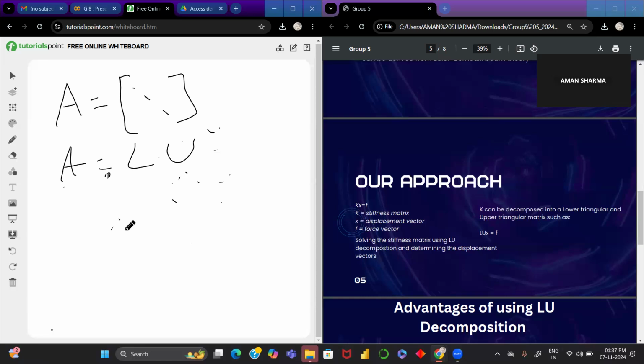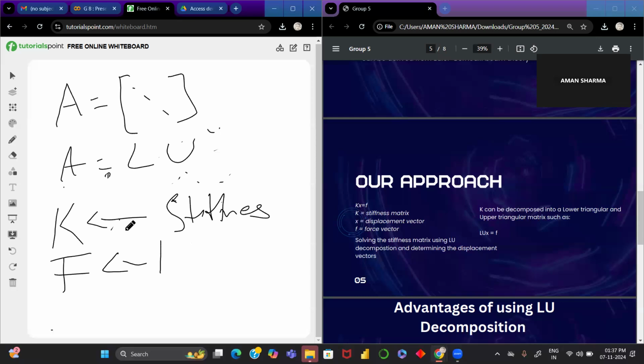Similarly, in finite element analysis we have matrix K, which is known as the stiffness matrix. And there is another vector F, which is the force acting on the structure.